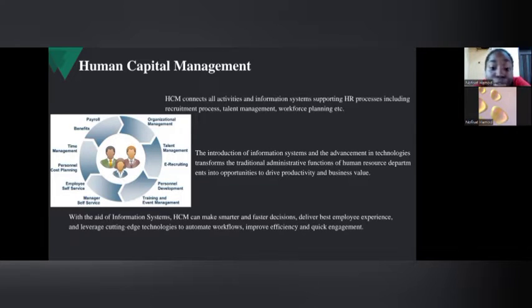That is one of the reasons for the introduction of information systems to the enterprise. Information systems have made human capital management processes automated, which makes normally longer processes shorter, and it has brought about productivity, increased profitability, and a significant increase in the share of markets.